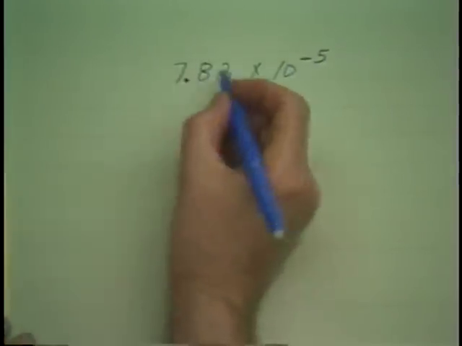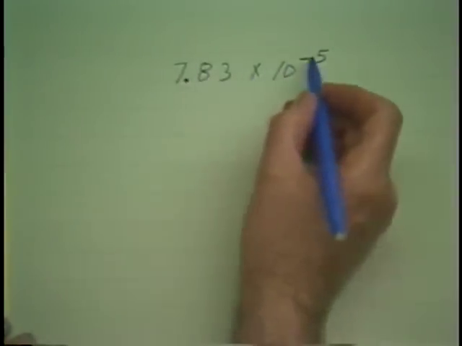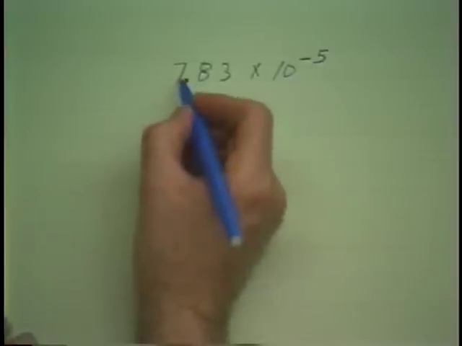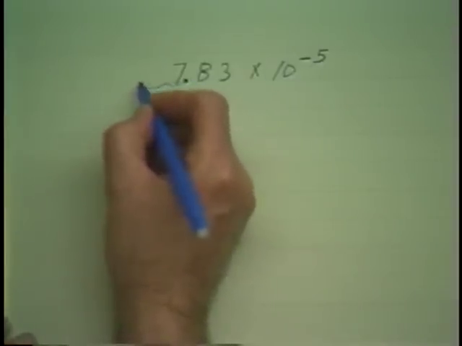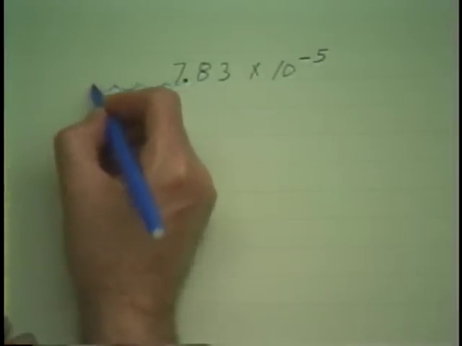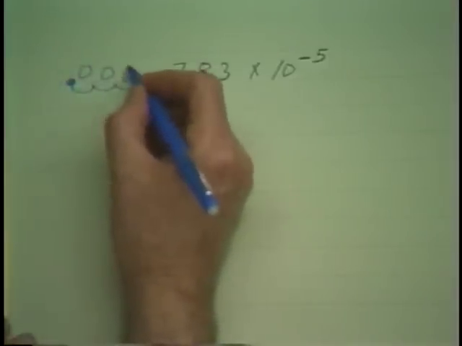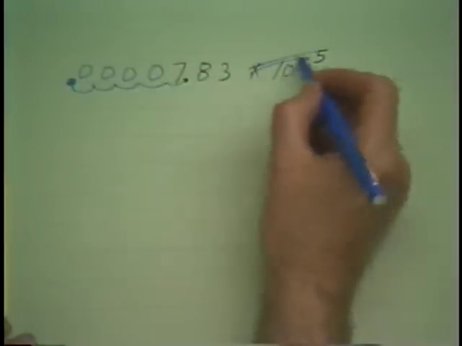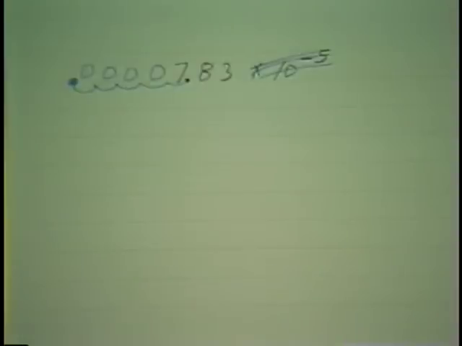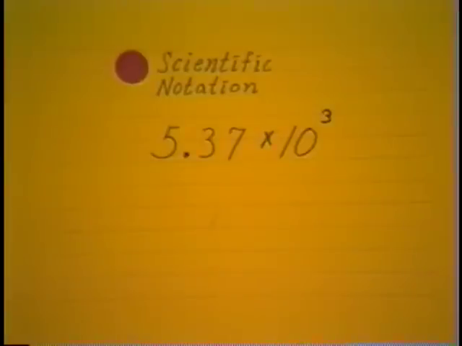The rule we just gave said make it smaller by 5 places. Smaller by 1, 2, 3, 4, 5 places. And I need to insert the placeholder zeros.